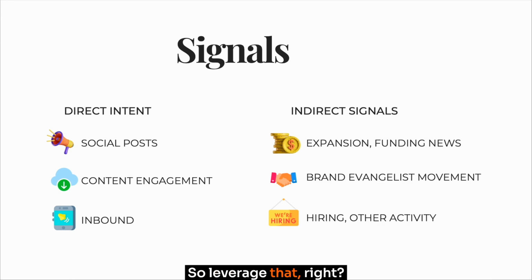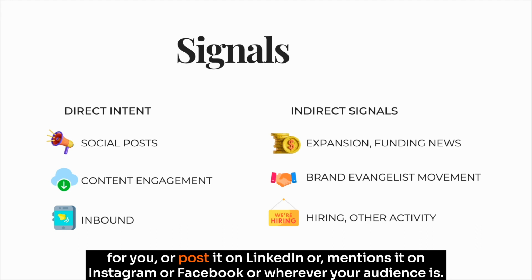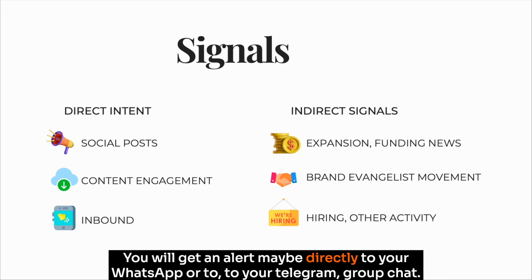So leverage that, right? You could apply keyword alerts where the moment somebody tweets about a topic of interest for you or posts it on LinkedIn or mentions it on Instagram or Facebook or wherever your audience is, you will get an alert, maybe directly to your WhatsApp or to your Telegram group chat.